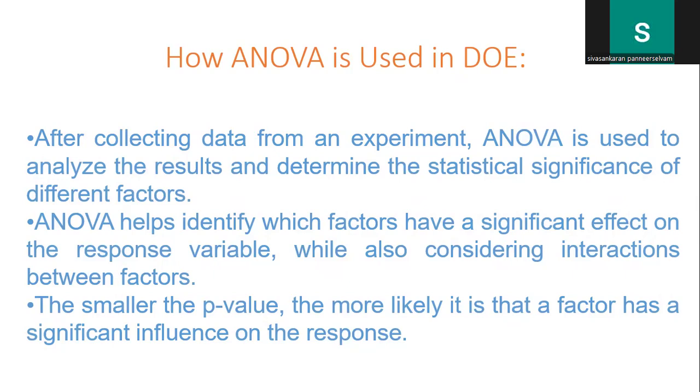The smaller the p-value, the more likely the factor has a significant influence on the response. The p-value helps to fix the significant variation between each factor. Say if the alpha is equal to 0.05, that will be the level of significance to find out the reliability of each factor which has been included in the experimentation process.